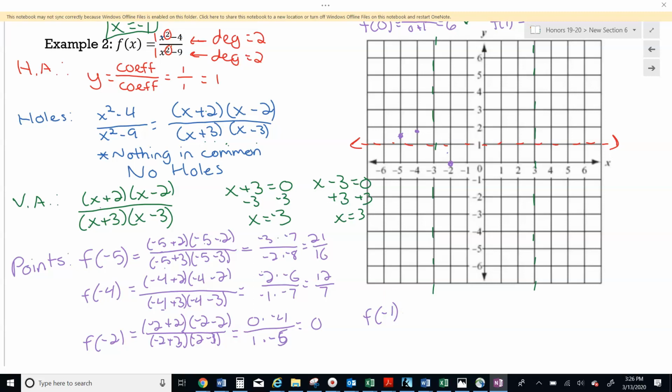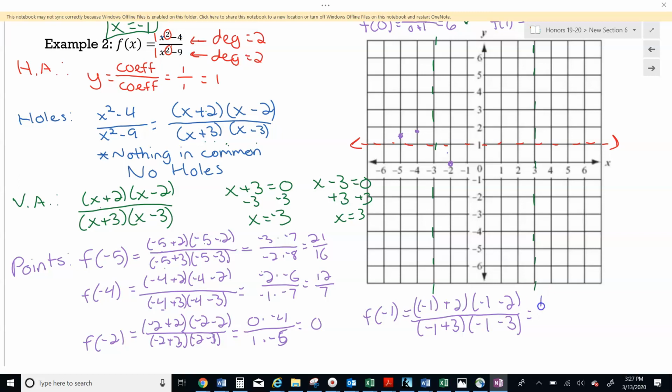And then I'll do negative 1, and I get negative 1 plus 2, negative 1 minus 2, negative 1 plus 3, negative 1 minus 3.